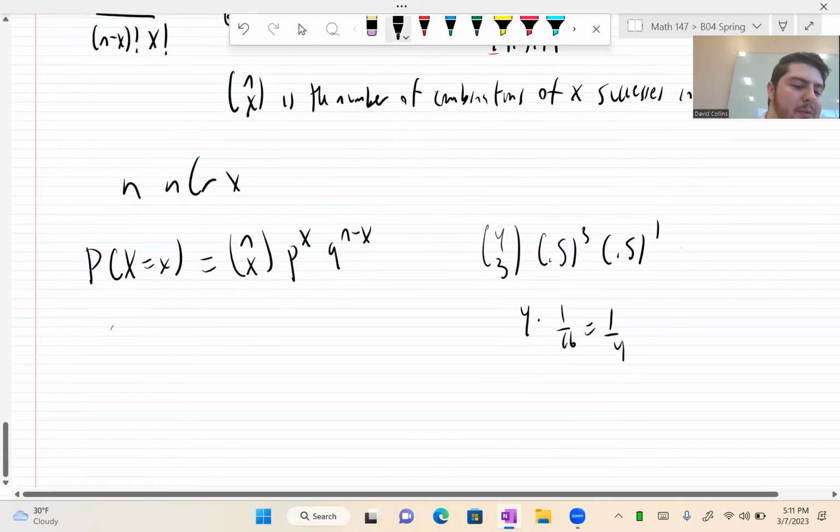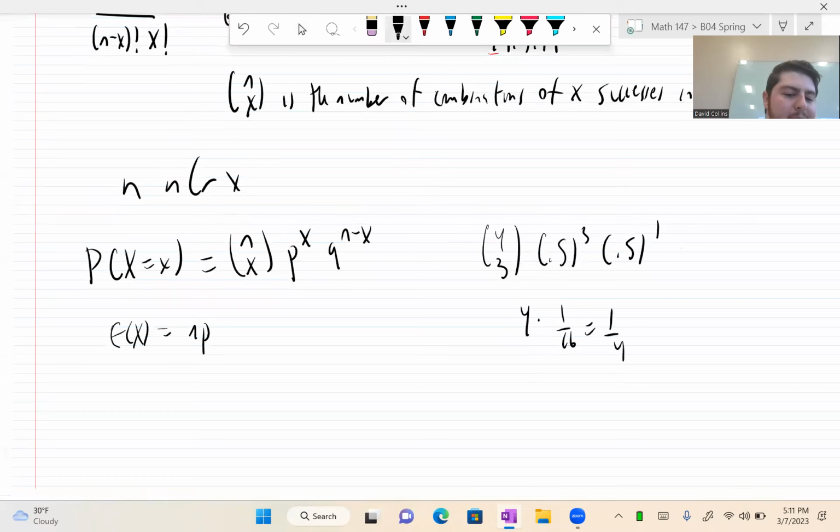Okay. Other thing, the expected value of x is n times p. And the variance of x is npq.